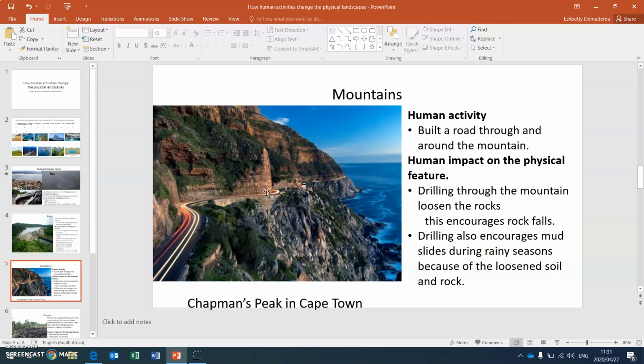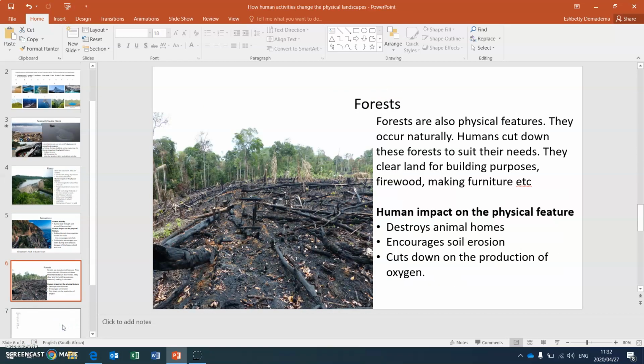So drilling also encourages mudslides during rainy seasons because we are loosening the soil, and when it rains incessantly, you find that the water soaks in and the land becomes very easy to move. Alright, so there again we are satisfying our own needs by changing that physical feature.